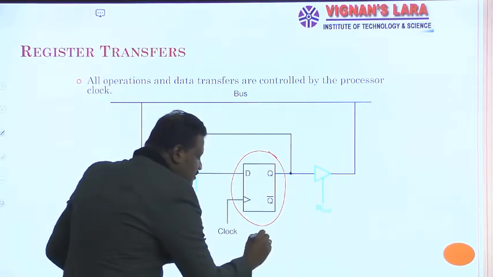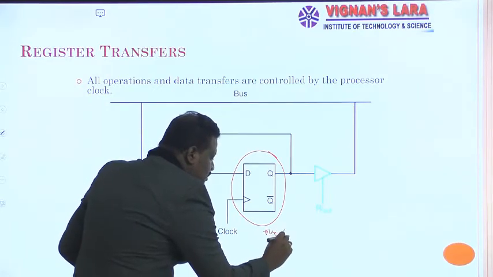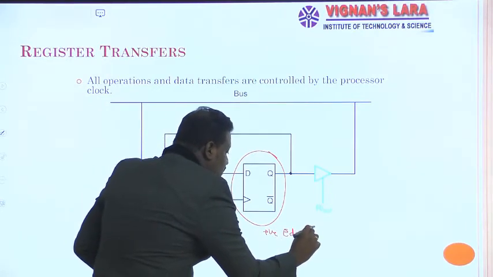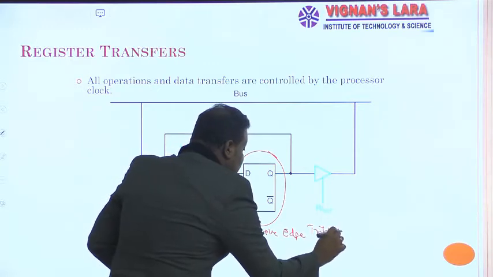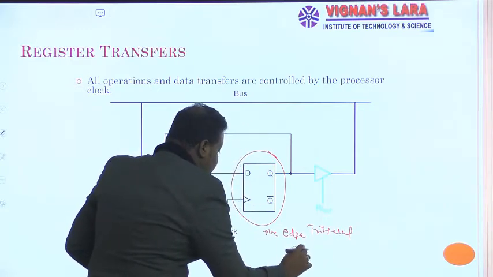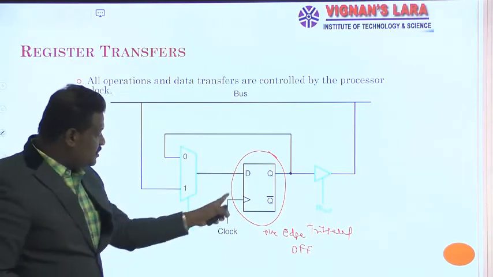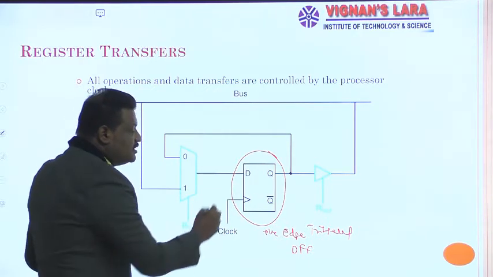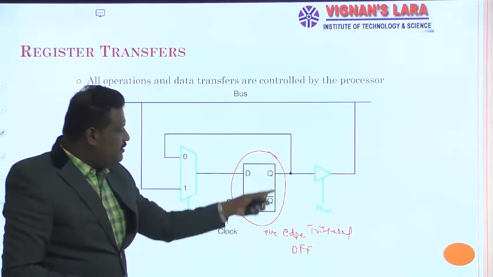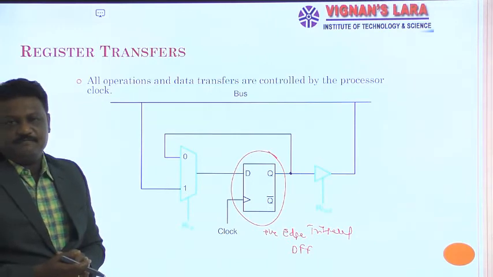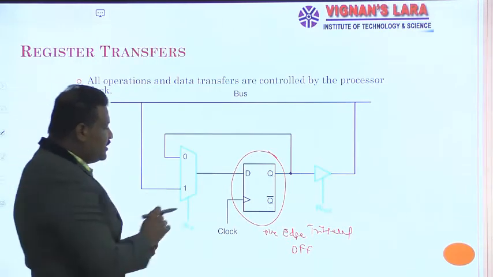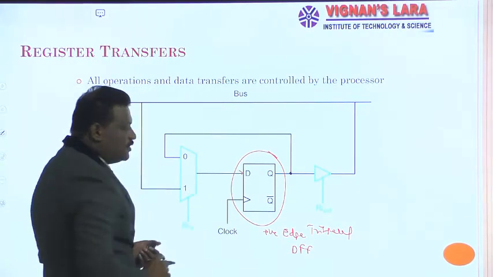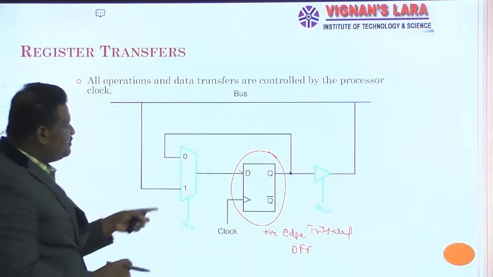Generally this is a positive edge triggered D flip-flop, because this arrangement represents positive edge triggering. The data entering this D flip-flop comes from a multiplexer.